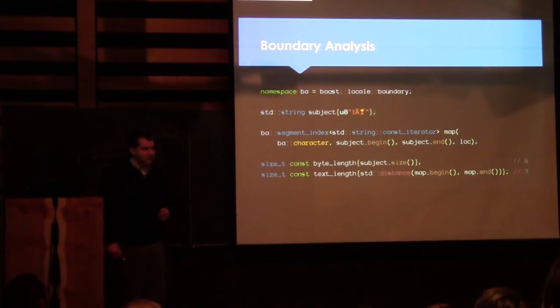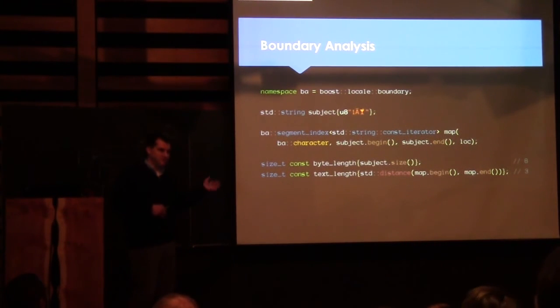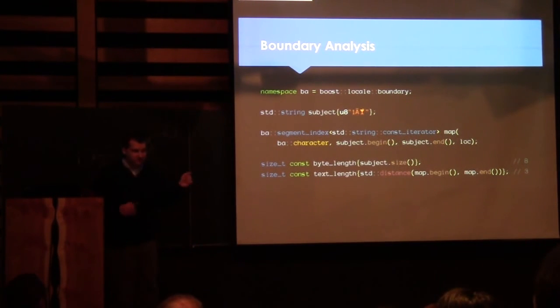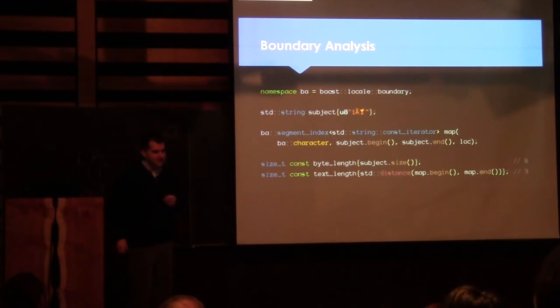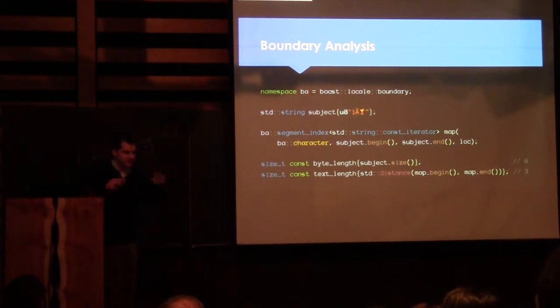Actually, yes. When I did most of my testing, because Visual C++ doesn't yet support Unicode literals, I actually had to put in the Unicode using the universal character names, the backslash U followed by the value. But yes, you're right. Your text editor might save it in a different form than you typed it in. That's totally possible.